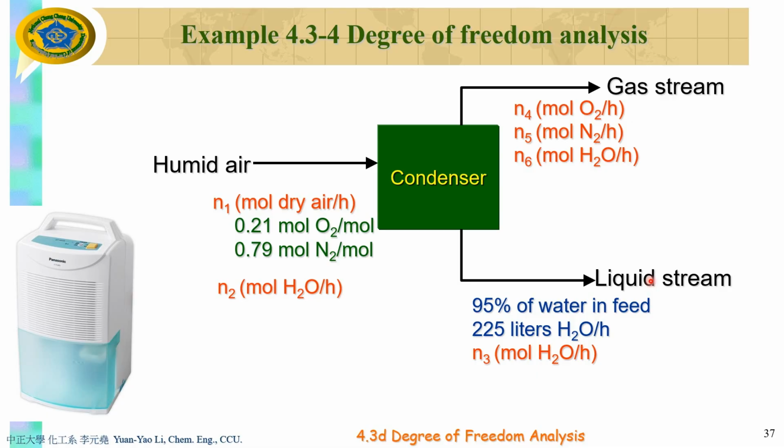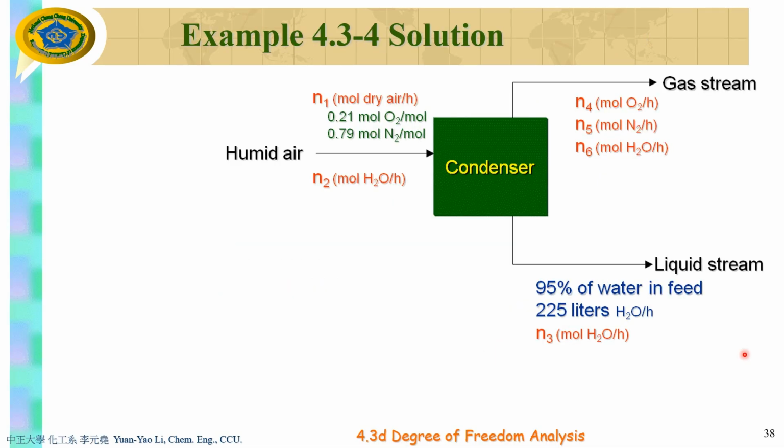So how many unknowns here in this case? 1, 2, 3, 4, 5, 6. Can you get the answer of this 6? Okay, let's find out. So there are 6 unknowns. So basis is 5. You need to choose basis.